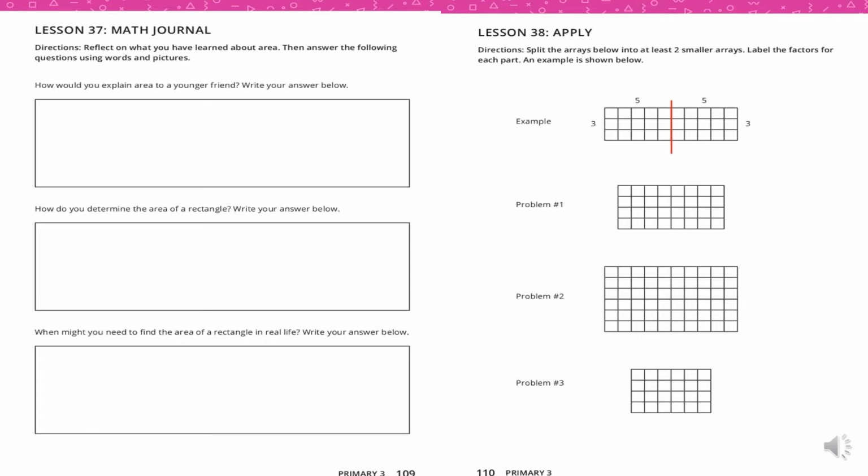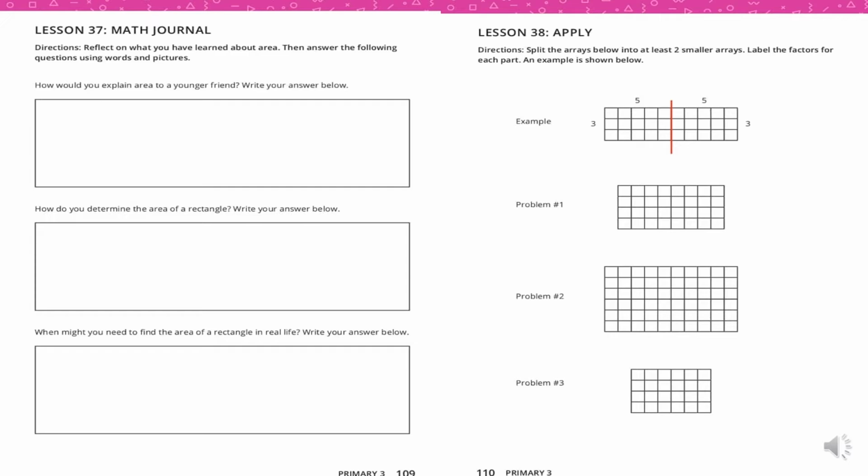Now our math journal. Reflect on your learning about area, then answer the following question using words and pictures if you want. How would you explain area to a younger friend?